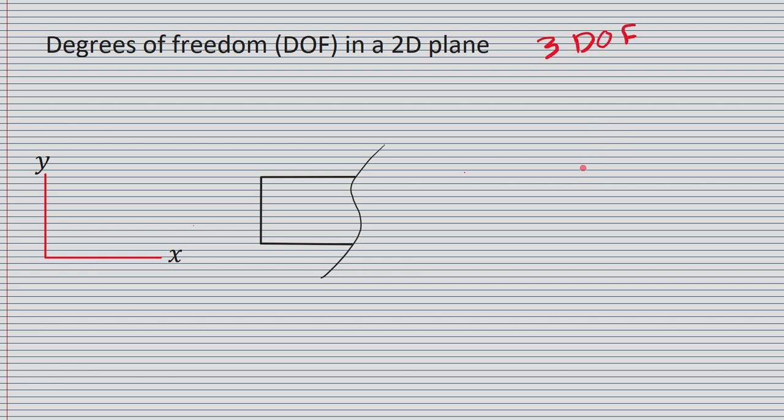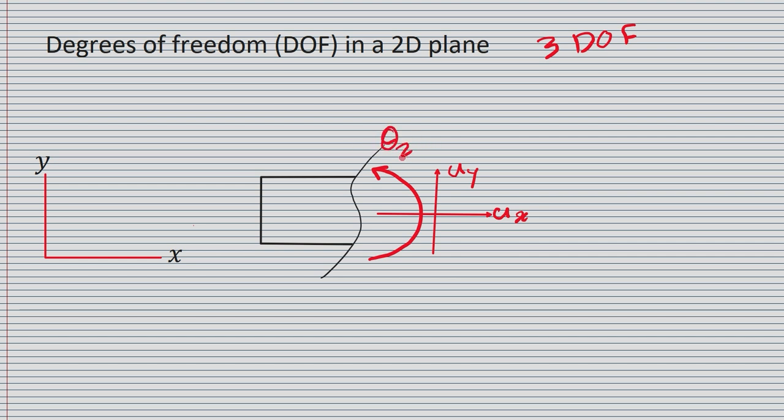These represent the independent motions the body can undergo, which are translation along the x-axis, translation along the y-axis, and rotation about the z-axis, which is perpendicular to the plane. So we have ux, uy, and theta z.